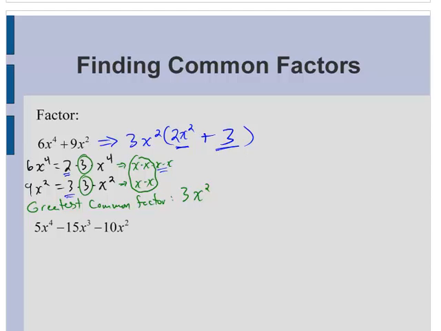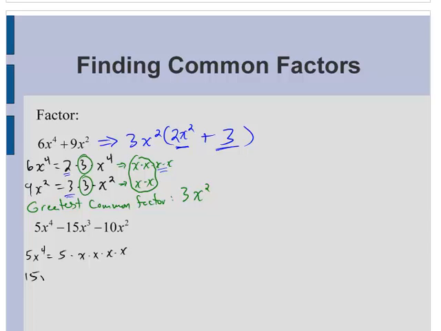All right, so let's find the greatest common factor. We're asked to factor 5x to the fourth minus 15x cubed minus 10x squared. Let me write these out. The 5x to the fourth is simply 5 times x times x times x times x.